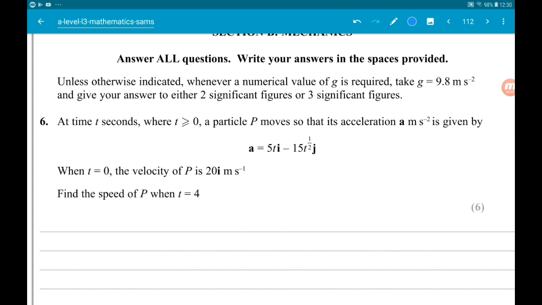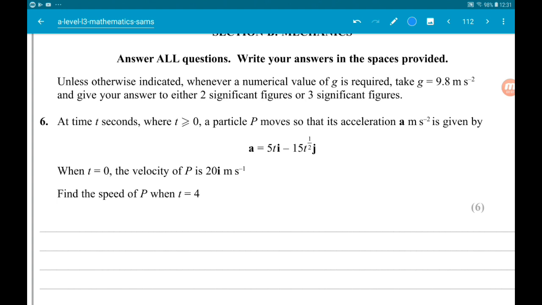So, at time t seconds, where t is greater than or equal to 0, a particle P moves so that its acceleration a meters per second squared is given by a equals 5t i minus 15t to the half j. When t is equal to 0, the velocity of P is 20i meters per second.